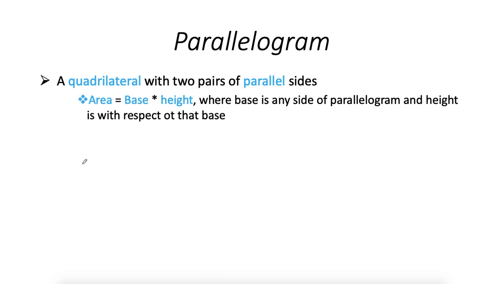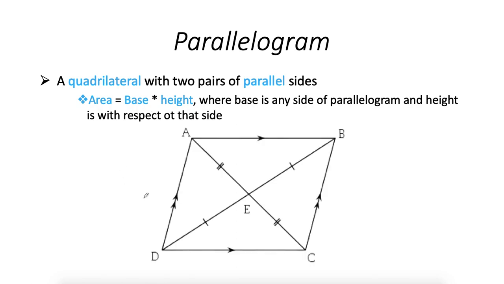Now the next thing is to find the area. To find the area of any parallelogram, any quadrilateral, we just need one base and the height with respect to that base. But this is a bit tricky in the case of a parallelogram. If I consider DC as a base, I need to find this perpendicular distance which is the height.